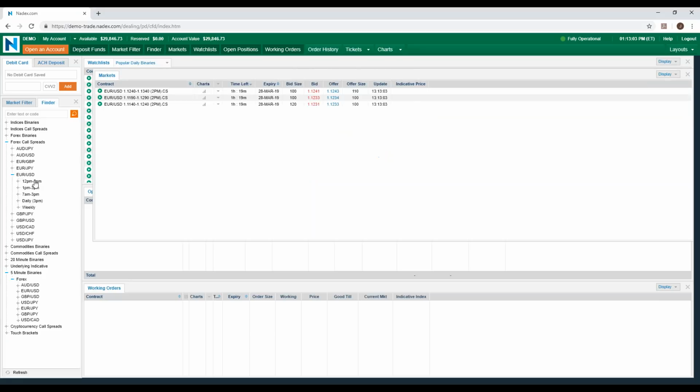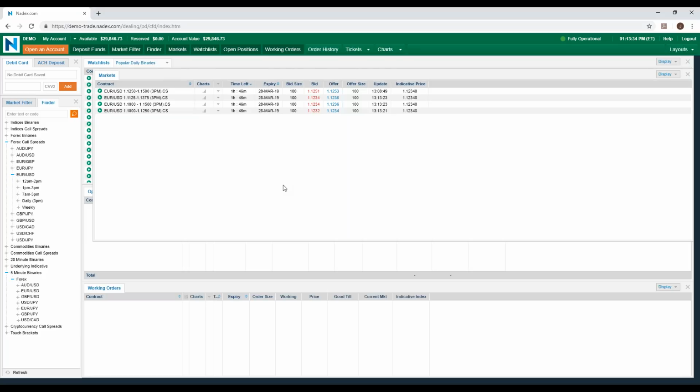And again, if you open up each one of these, you've got different floors and ceilings to choose from, different tops and bottoms. And this one a different top and bottom. And the one that opened up at 7 this morning, different tops and bottoms. These dailies will open up at 6 p.m. the night before with different tops and bottoms and go all the way till 3 p.m. So if you're a nighttime trader, or if you want to trade a little bit longer term and it's evening time, you can trade one of these 2-hour spreads, okay?